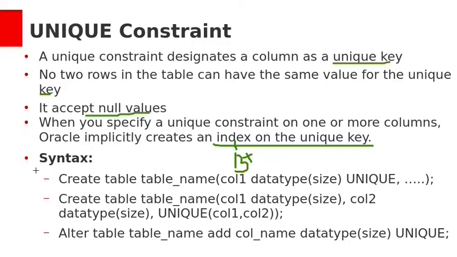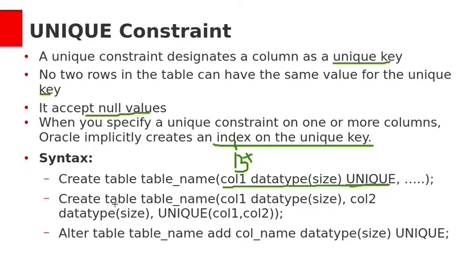Let us see the syntax for this unique constraint. Create table, table name, column 1 and data type, and we need to specify this unique keyword. This is the column level syntax, means we are specifying this unique constraint on this column while we are defining this column. For this unique constraint, we can use table level syntax also.